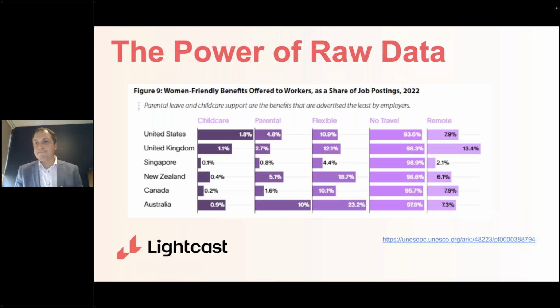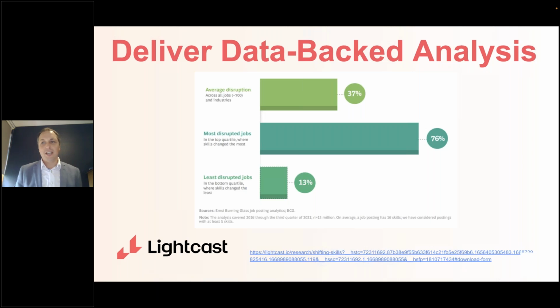Next slide, please, Ben. In another study, this time in partnership with BCG, a meta-analysis of skill changes was conducted across job postings to put data-driven insights behind just how fast skills are changing across different occupations.